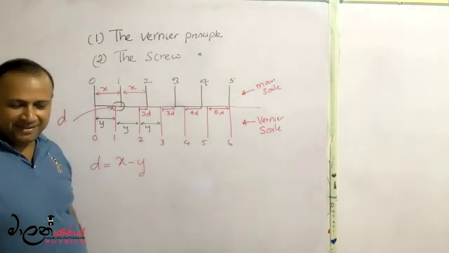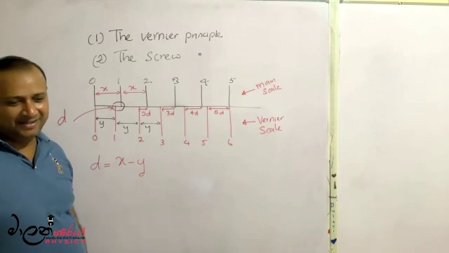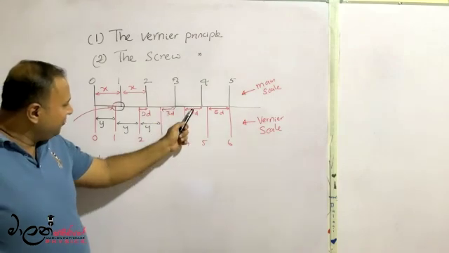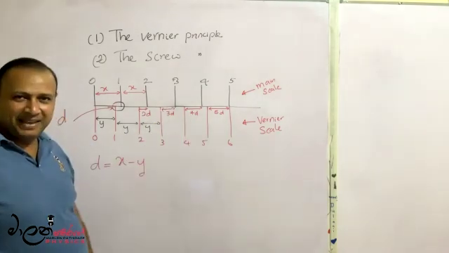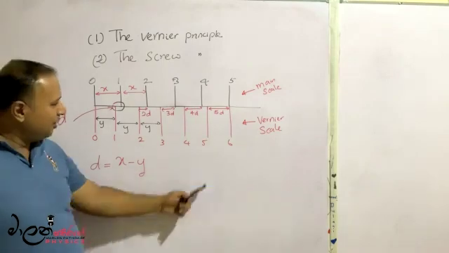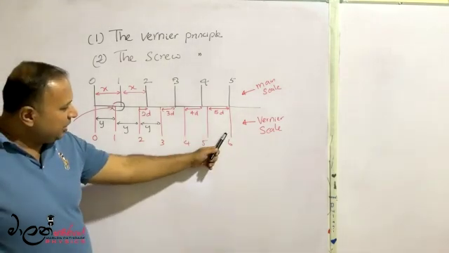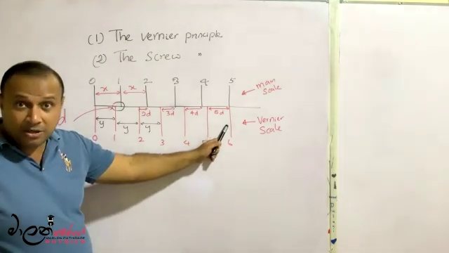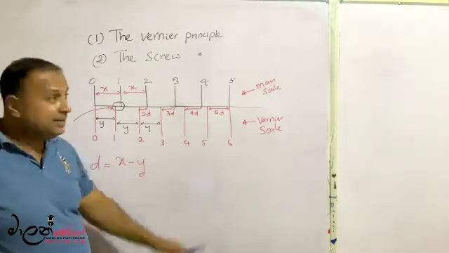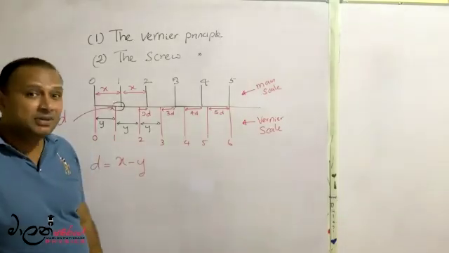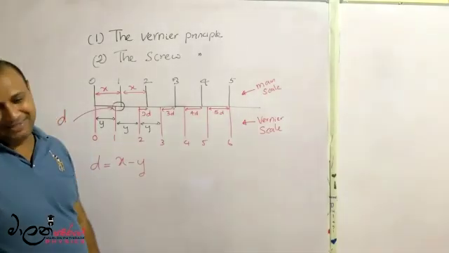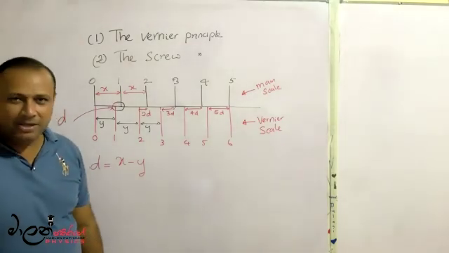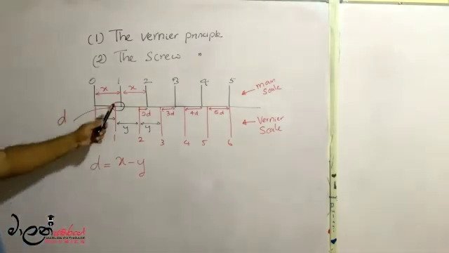And this one is D, 2D, 3D, 4D, and 5D. And look at this one. The gap between two consecutive marks of the vernier scale is equal to 5 times D. X minus 1.